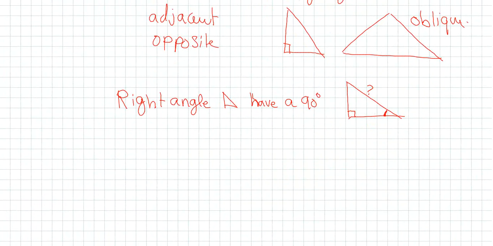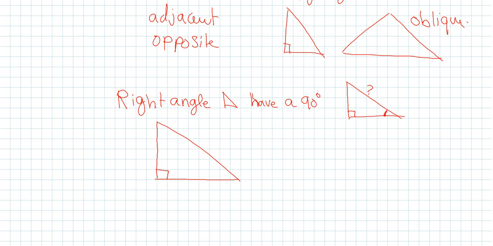Okay, so before we go through this, let's look at a right angle triangle and let's name it. Okay? In a right angle triangle, other than the 90 degree, you need to have another angle, or you need to be looking for another angle. Which we call the angle of focus.